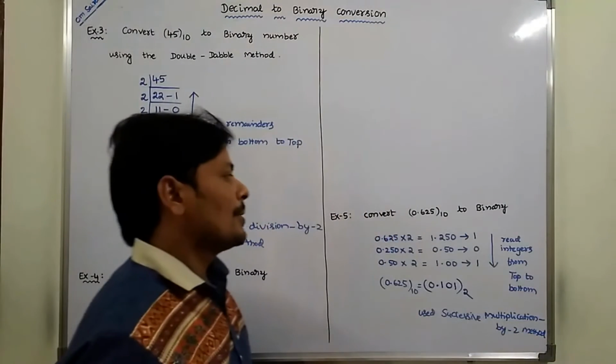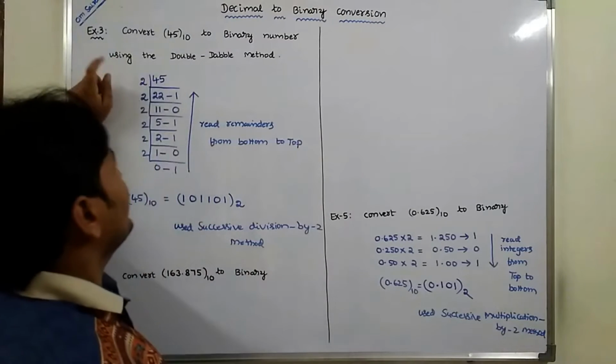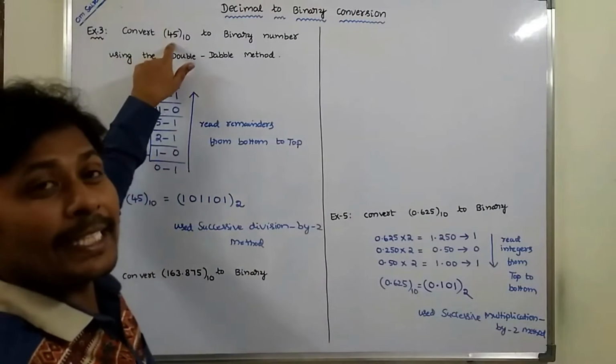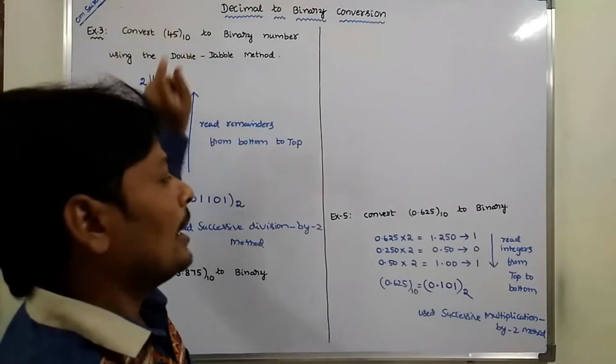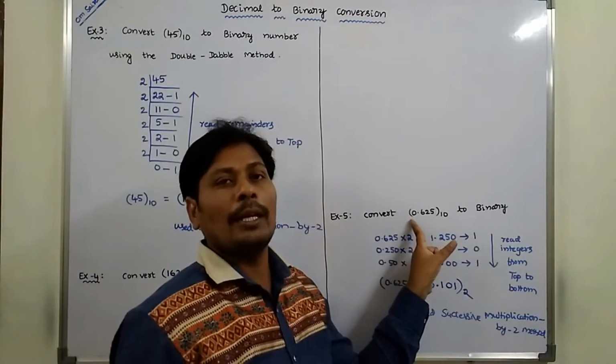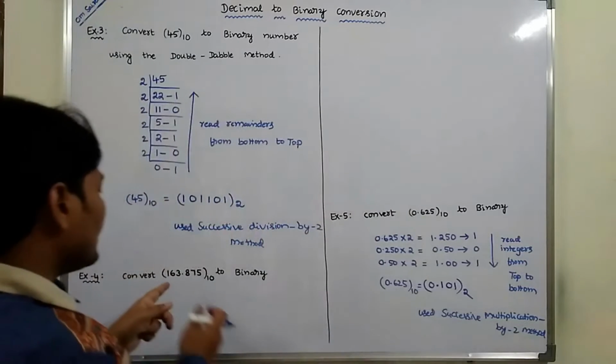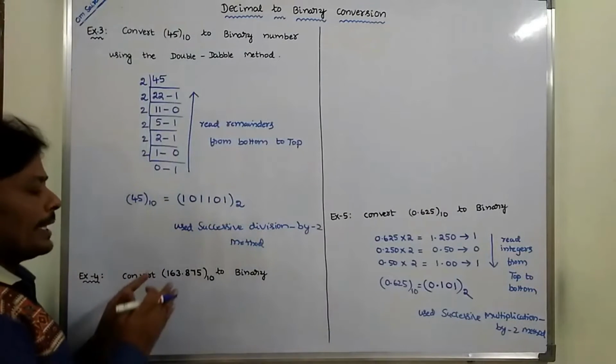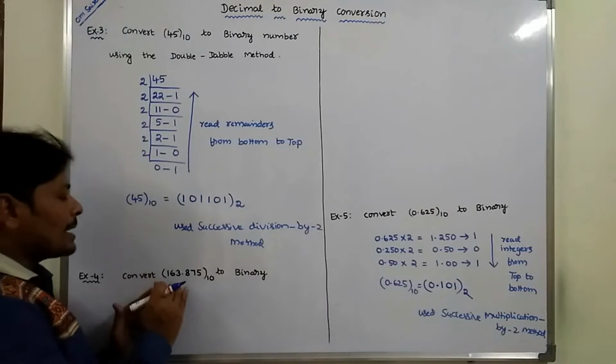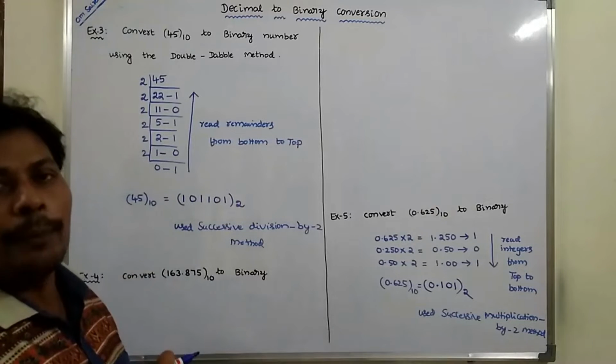In the third example only a decimal integer part is there. In the fifth example a fractional decimal part is there. Now observing example 4, it contains both the integer part and the fractional part.